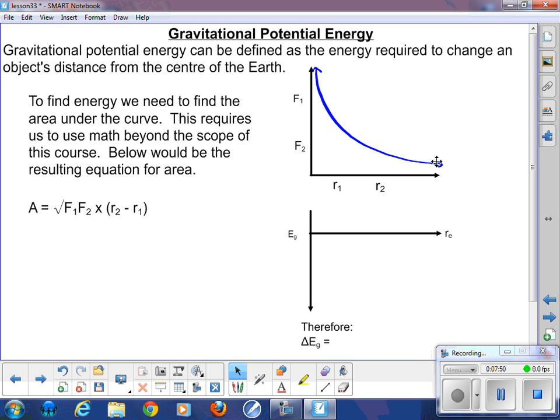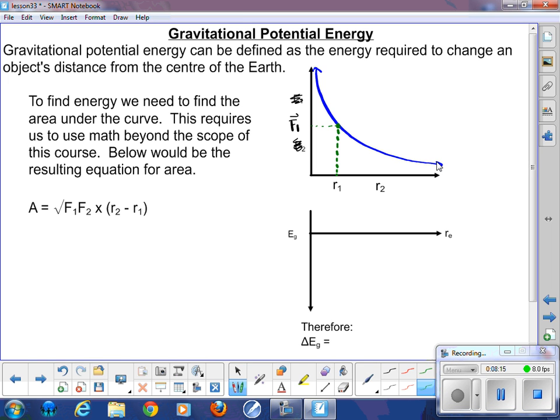All right. If I want to move my object from a distance of r1, so let's say we're at the surface of the Earth for argument's sake, then I guess my F1 and F2 are drawn in the wrong location, so let's move them. F1 is going to be right here, just because of the way I drew it.